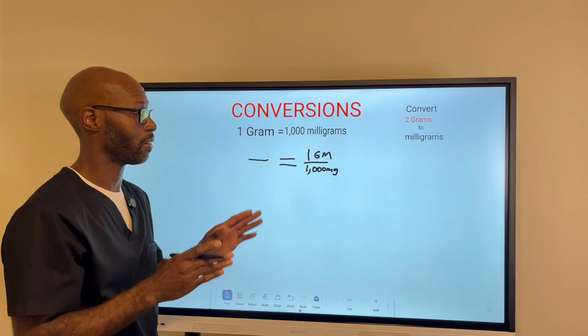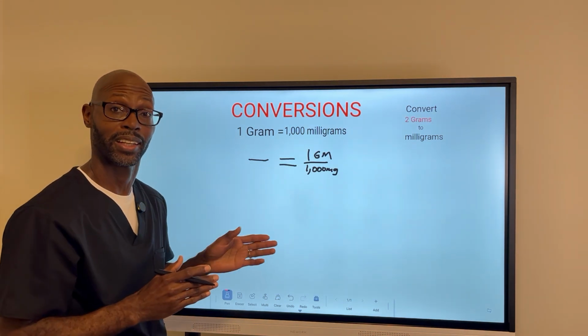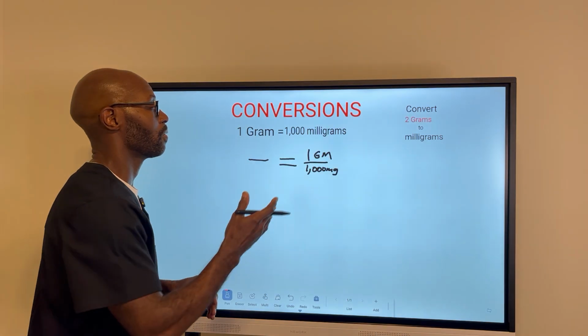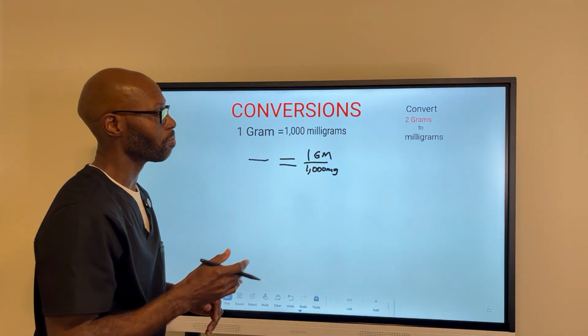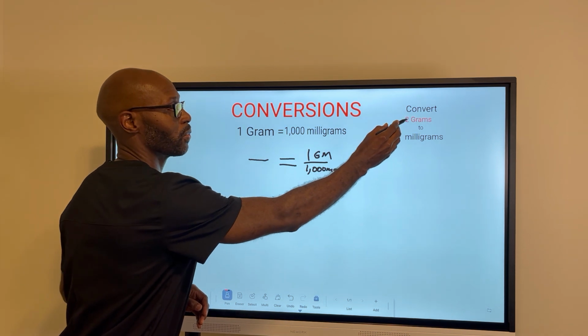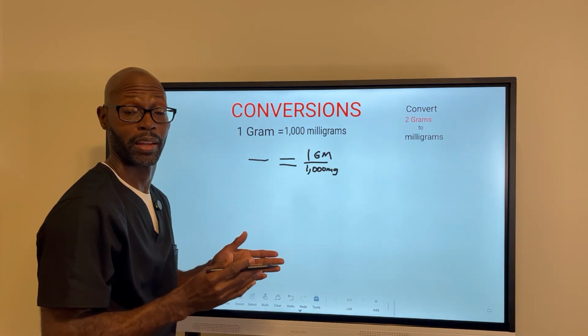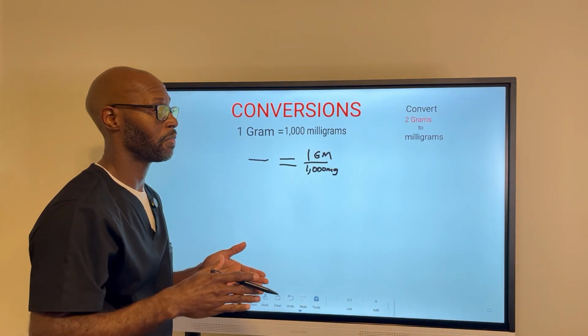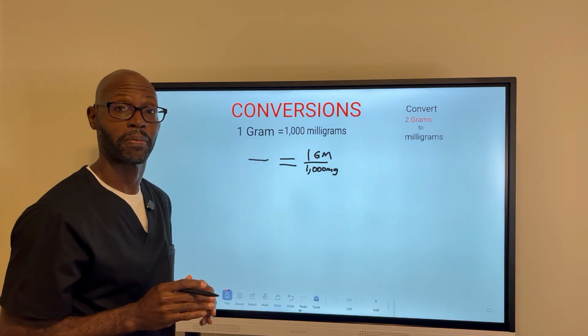The reason we put it on the left-hand side, well, I do anyway, is that it makes it easy to calculate this problem. We've written 1 gram over 1,000 milligrams. And remember, we're converting 2 grams to milligrams. Write that on the side somewhere whenever you're doing any type of conversion problem. Make certain to write what you're solving for so you won't forget.